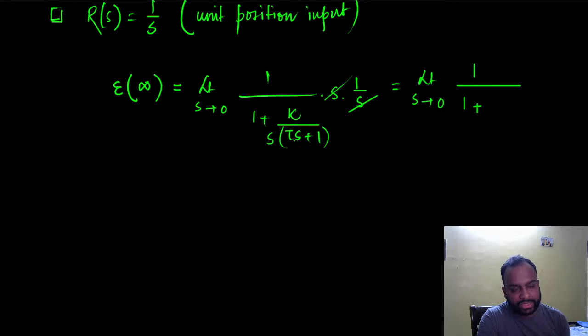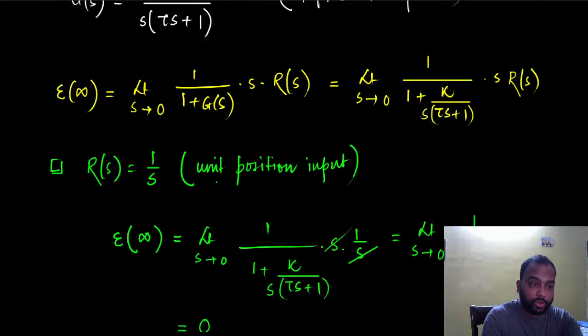If I put s equal to 0 here, that becomes K by s. But now s tending to 0 eventually makes this infinity, so that's essentially 1 divided by a very large number in the denominator, which eventually gives you 0, right?